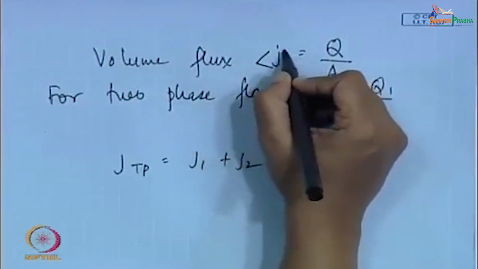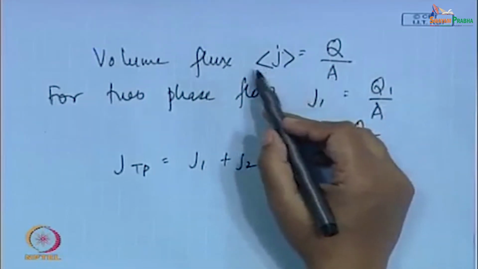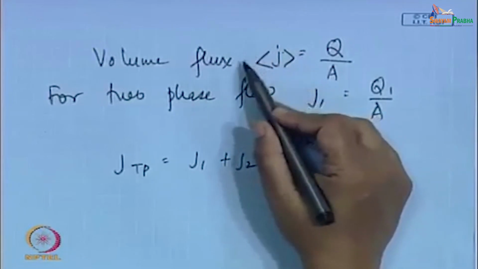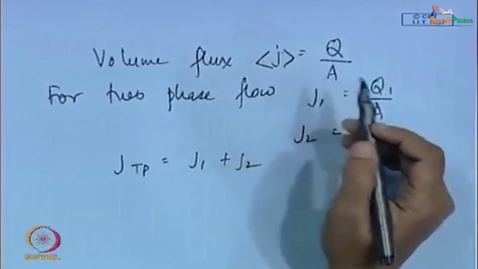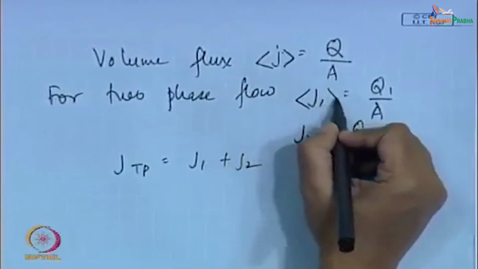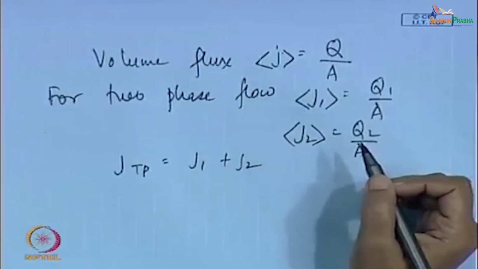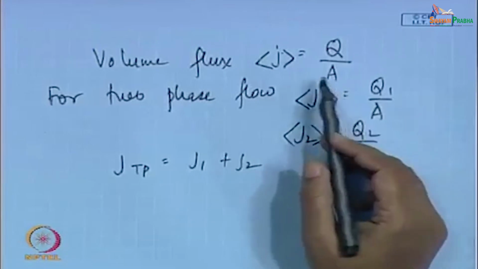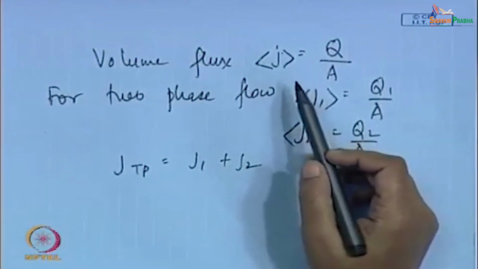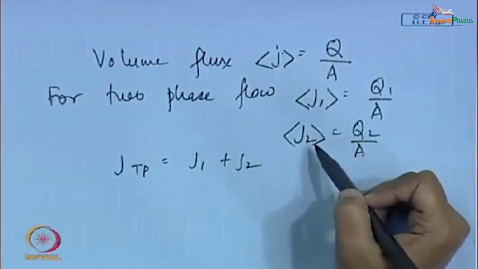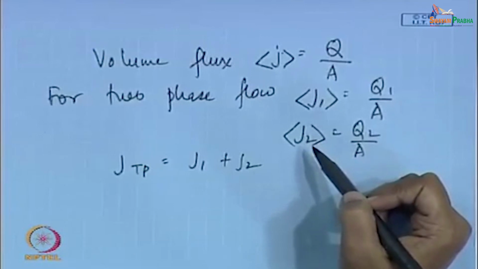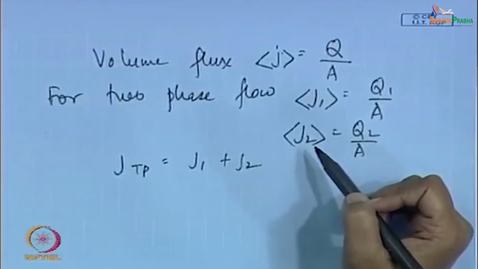Remember, we assume that the volume flux is the area average volume. So actually we are referring to the area average volume fluxes.